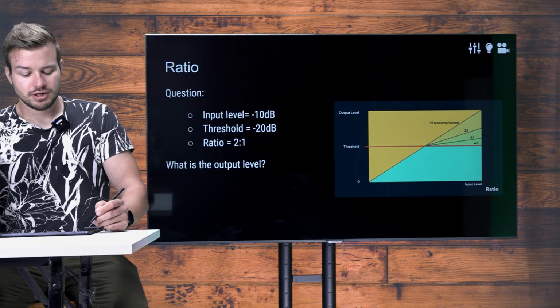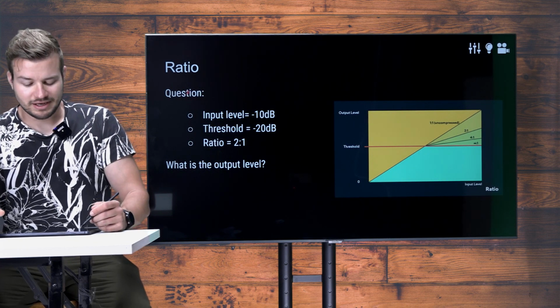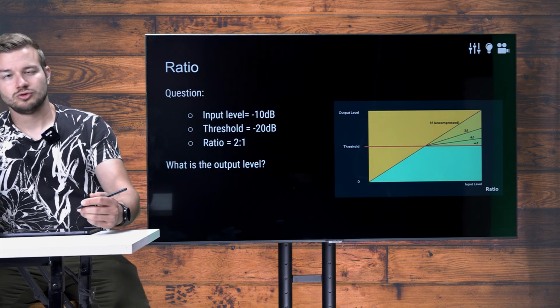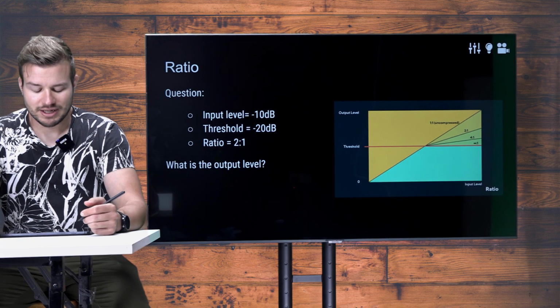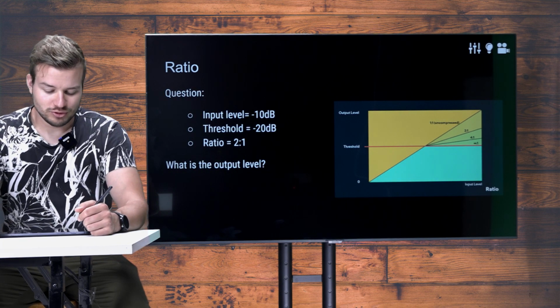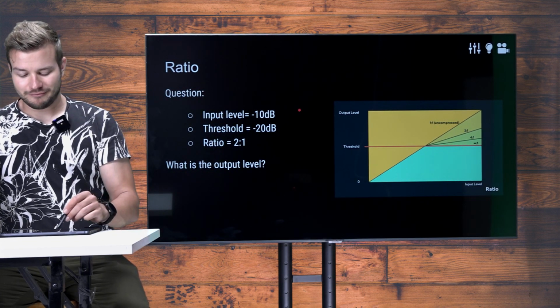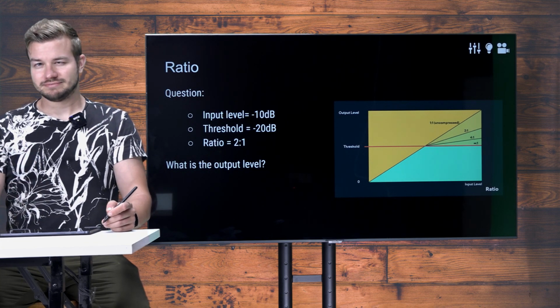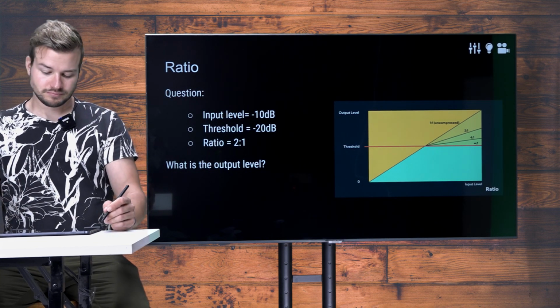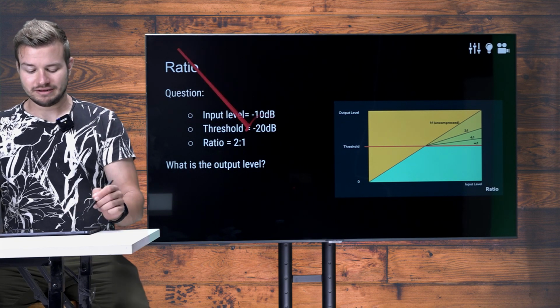Then ratio. Here I decided to give a little question to you, so maybe you can stop the video at this point to calculate the output level. The question is: we have an input level of -10 dB, and we set the threshold to -20 dB.